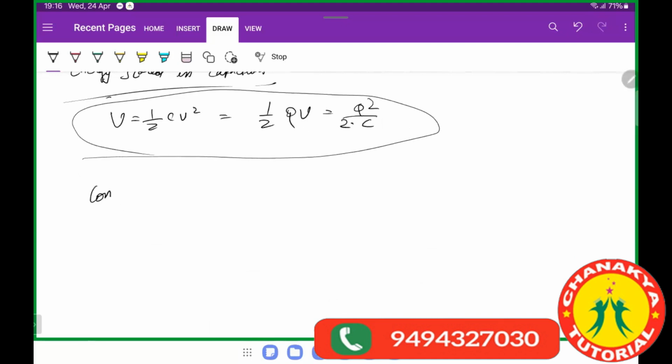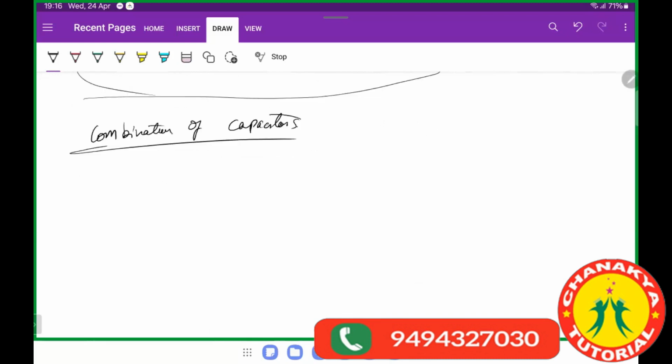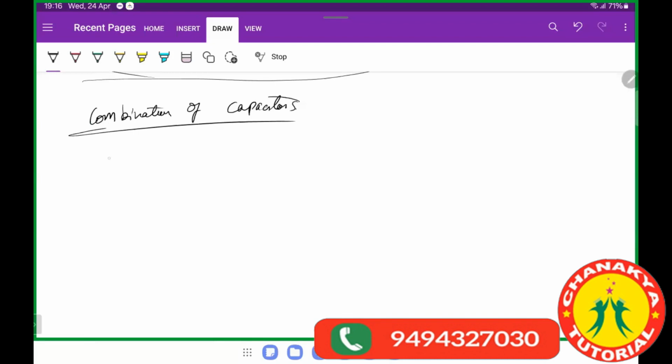So here are some typical combinations of capacitors. The first combination we can say is if the dielectric is kept like this. So here K1, K2, this distance D. Your distance is divided into half for K1 and another half for K2.